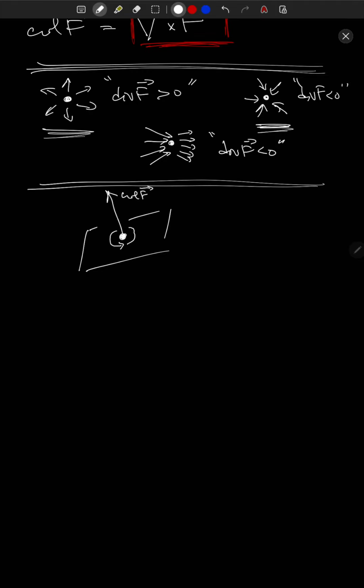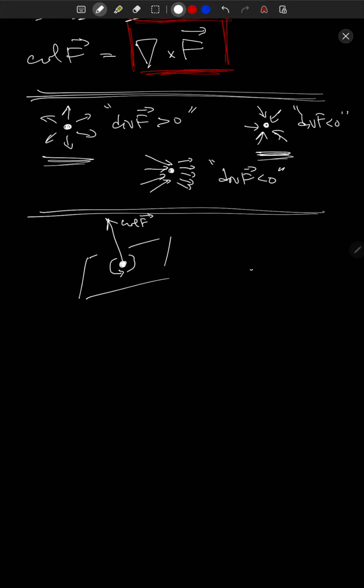All right. Perhaps a more precise way to say it would be, if this is that vector, and I put paddles like this, or like a pinwheel or something, in the plane that's perpendicular to the direction of the curl, then it's going to spin counterclockwise in this direction.